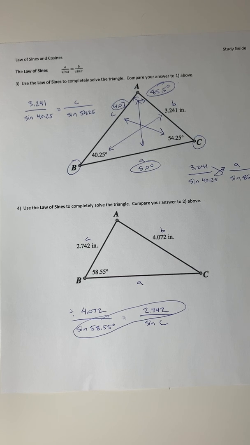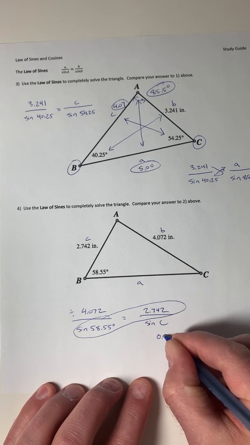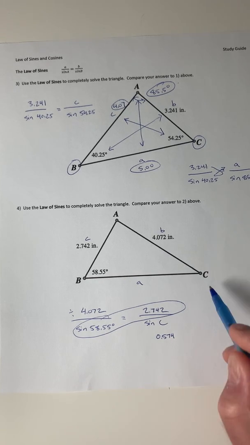All right, so if I take 2.742, multiply it by the sine of 58.55, and divide it by 4.072, I get 0.574. Now obviously 0.574 can't be the angle C, it's going to be much more than that.